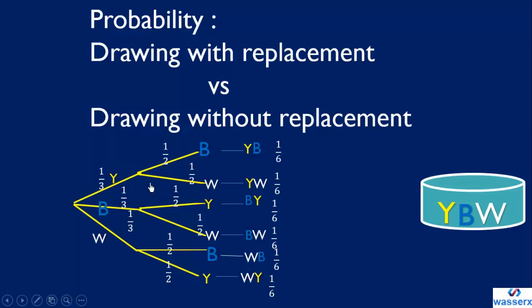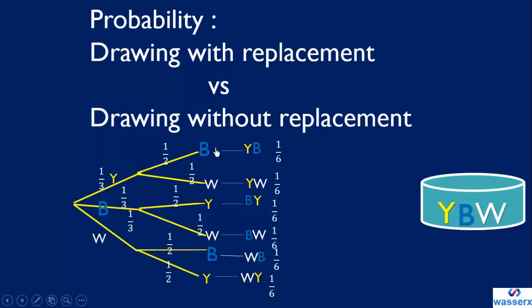Now, after picking the first ball, we are left with 2 balls. So the probability of picking each of the balls again is 1/2.